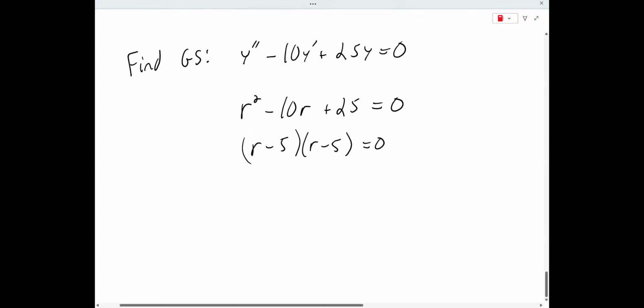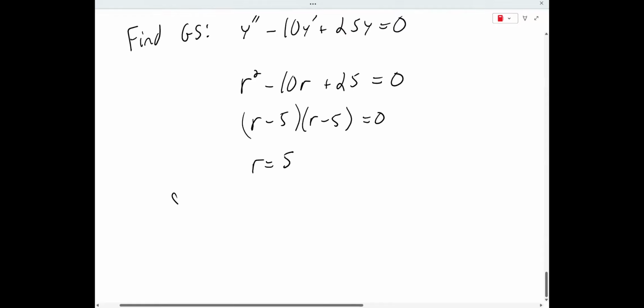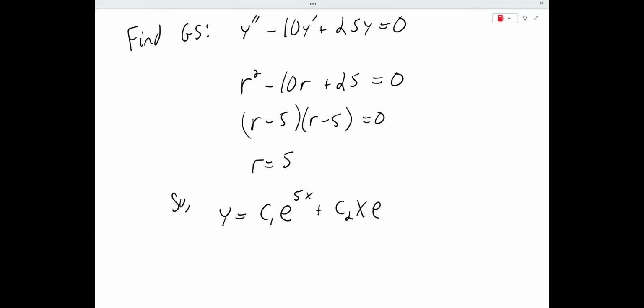So we get r equal 5. So the general solution here, we can just immediately write this now, right? y equals C1 e to the 5x plus C2. What would be the rest of it here then? It's just like this now.